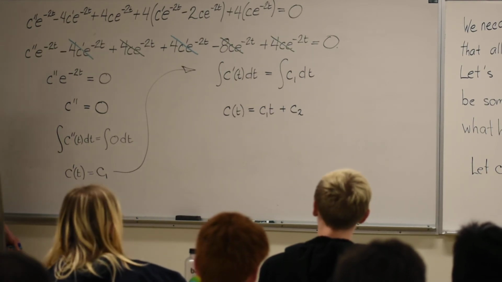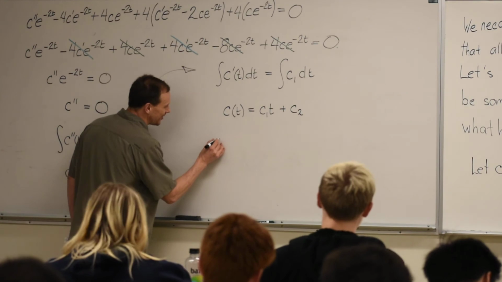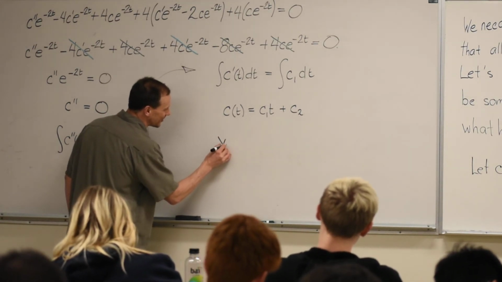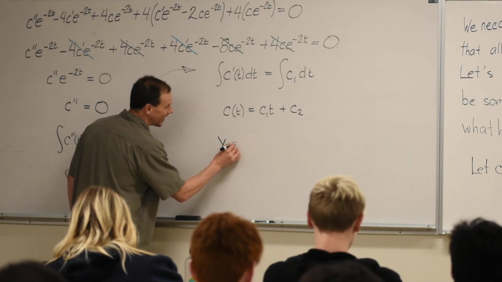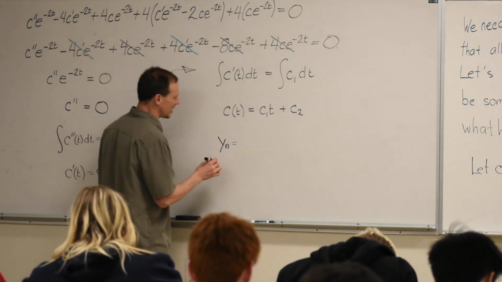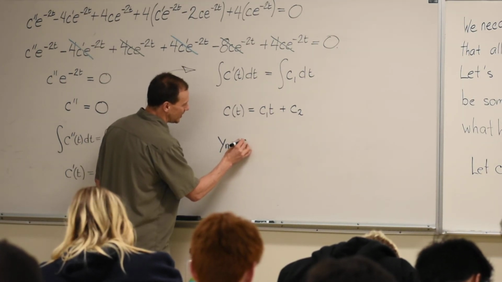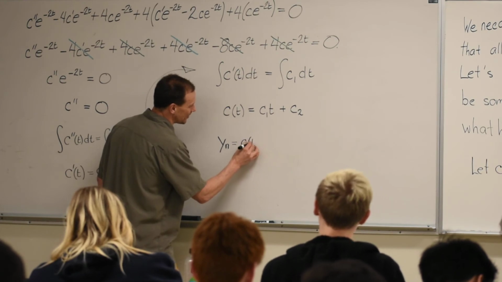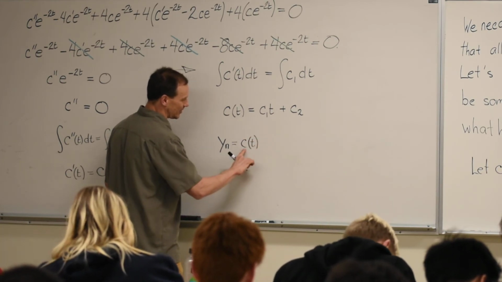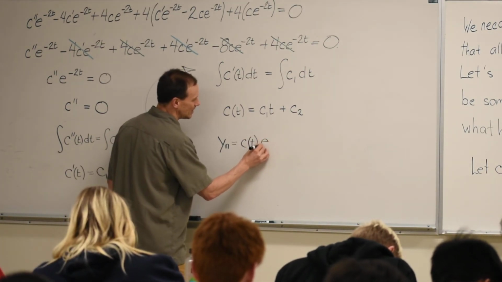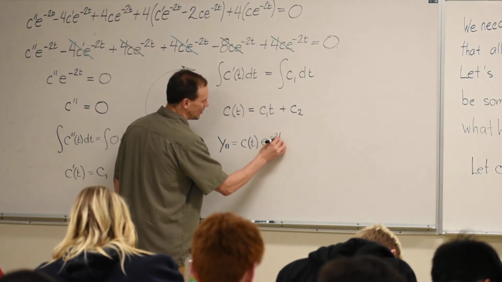Do you see what it is? Look at what happened. Let's go back, let's not forget. It's easy to lose sight after you go through 2 boards worth of work. We said that y null was some function C of t times e to the minus 2t.